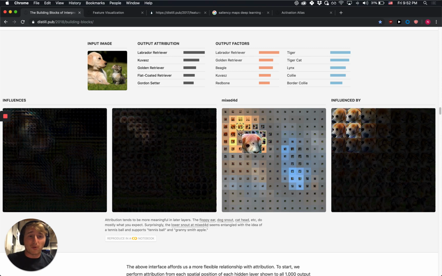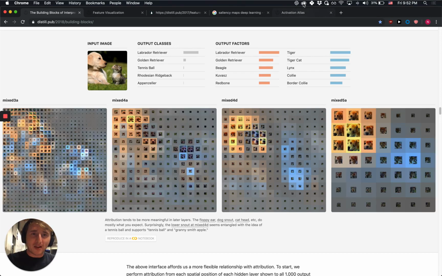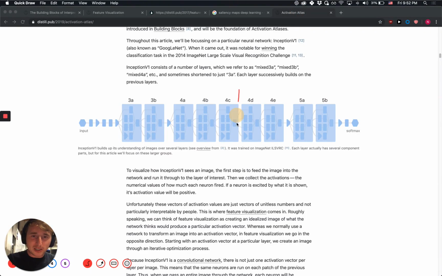And then one other really cool thing is as we hover over each of these spots, we can see not only how it influences the logit, which is the eventual class that this image will be given, we can also see how it affects other spatial positions in other hidden layers. That means how much the change to the spatial position here changed this other layer in 5a.